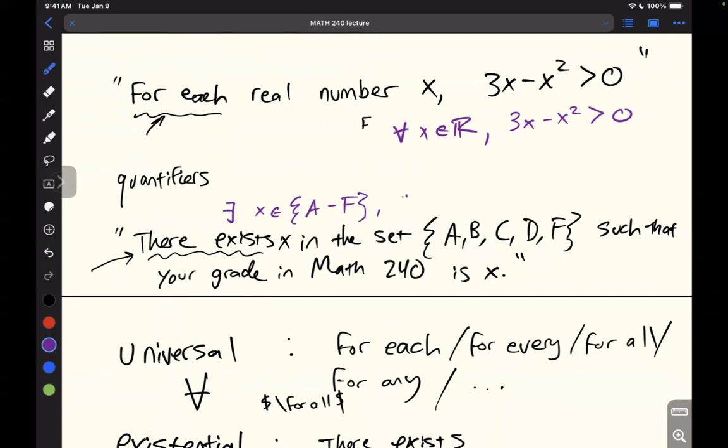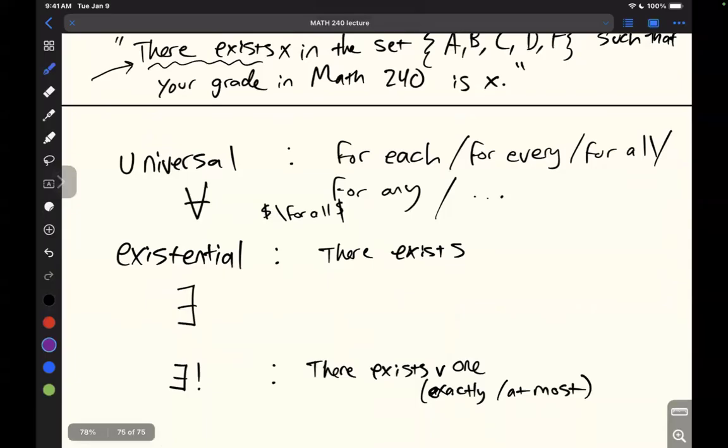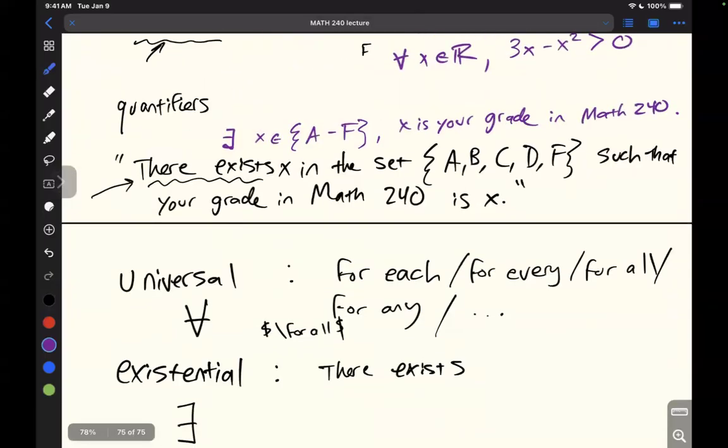Such that X is your grade in Math 240. Right? So this is just our way of writing something in symbols, and you'll see this going forward. So essentially, the upside down A is for each, for all, for any. The backwards E is there exists.